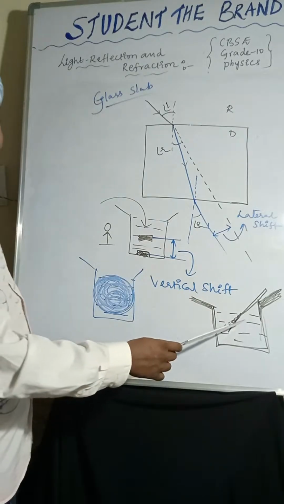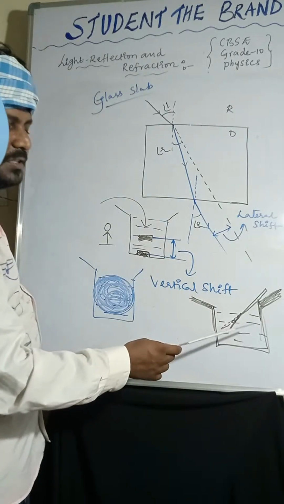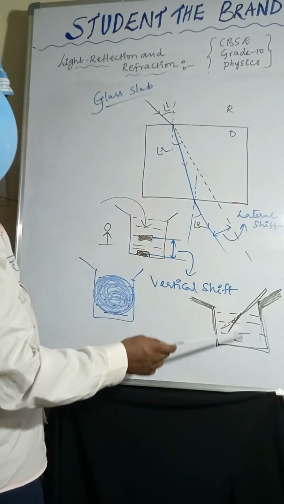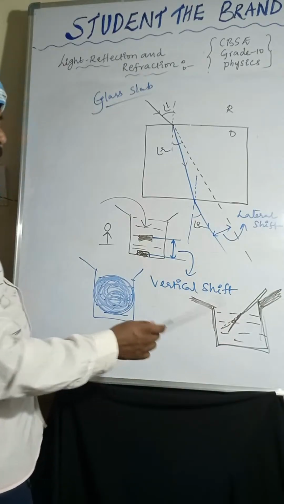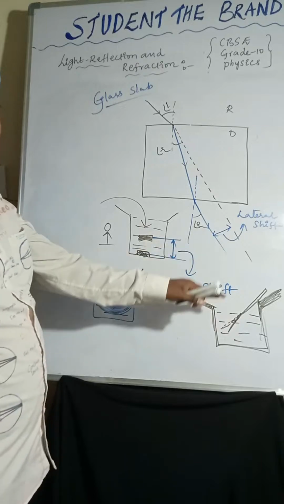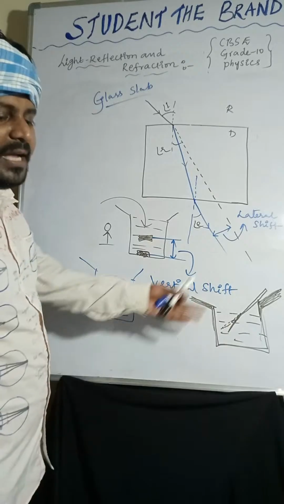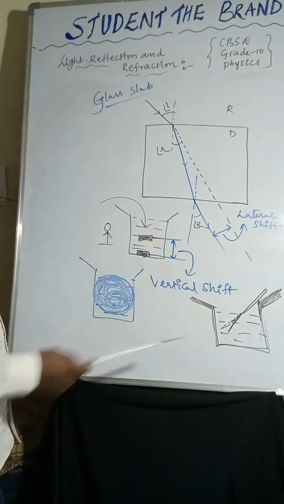At the interface between water and air, the pencil appears to be bent. Actually it won't bend, it appears bent because of refraction. So these three examples you will get.